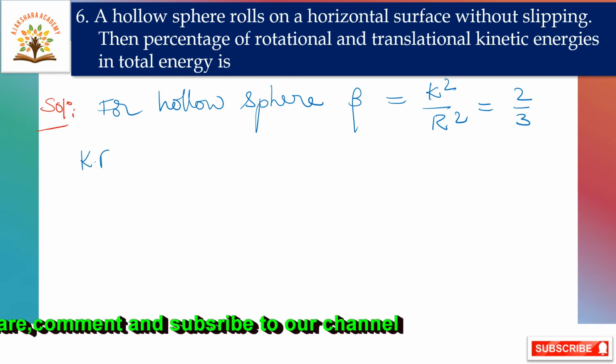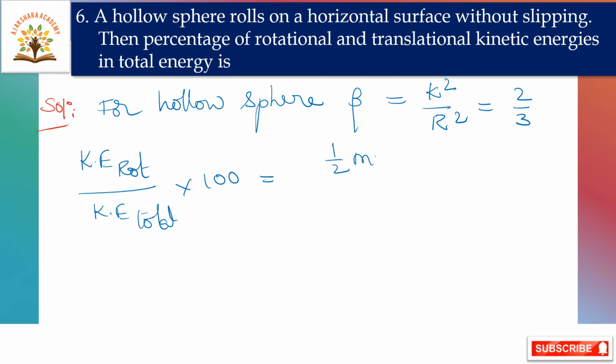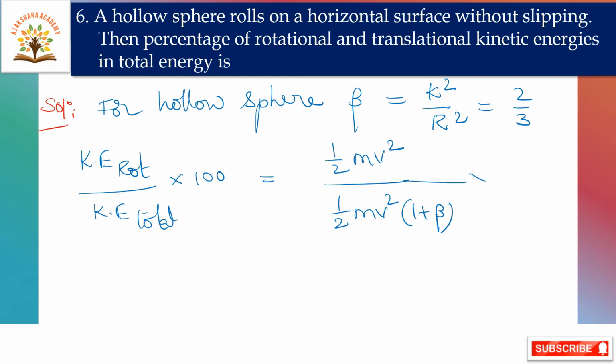So rotational kinetic energy by total kinetic energy into 100 is equal to half mv square by total kinetic energy, half mv square into (1 plus beta), into 100.